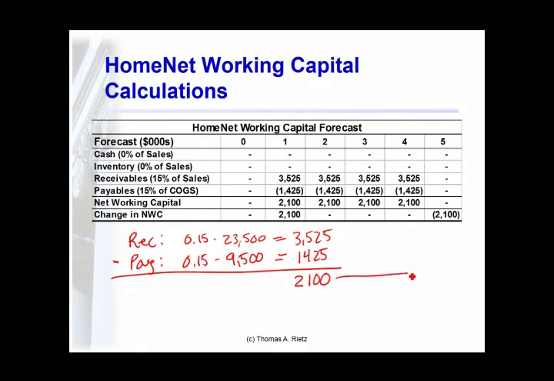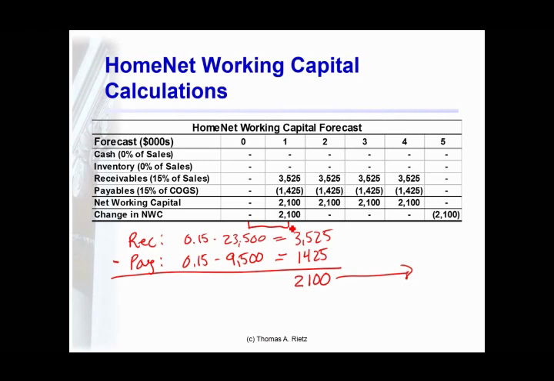That 2,100 holds for the entire project until the end. The cash flow resulting from the working capital is due to the change in working capital. So starting at period 0 and going to period 1, our accounts receivable and our accounts payable will both go from 0 to 35.25 and 14.25, for a net of 2,100.